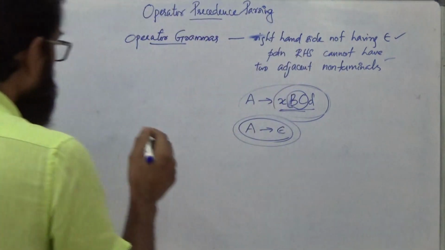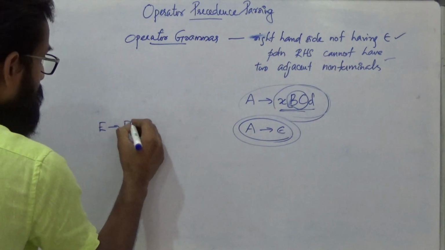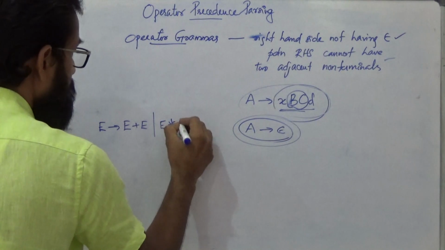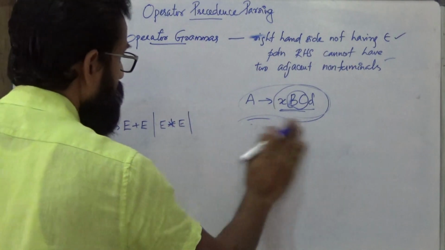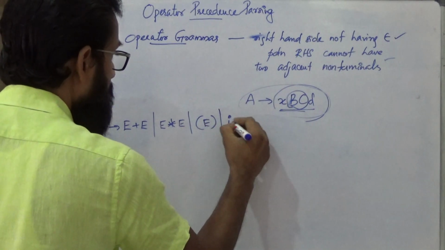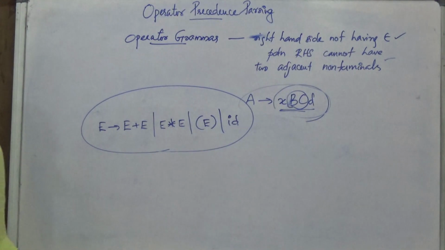Let me take this particular example. If you are having the grammar E giving E plus E, or E star E, or E inside a parenthesis pair, or id, this is actually an operator grammar.